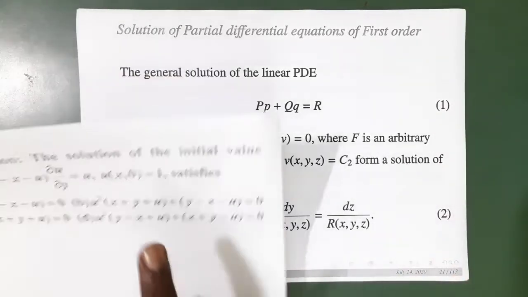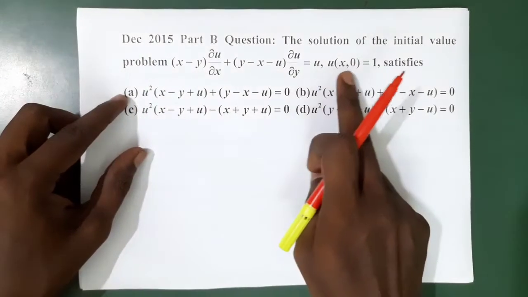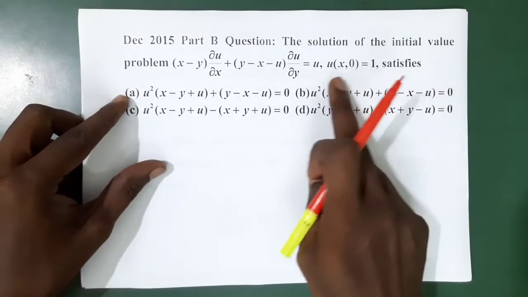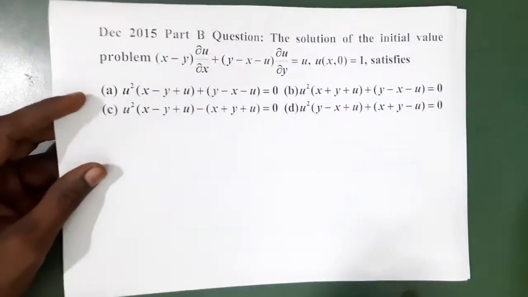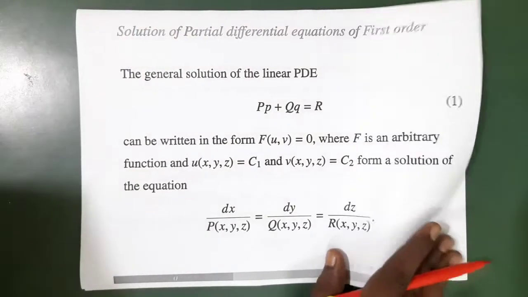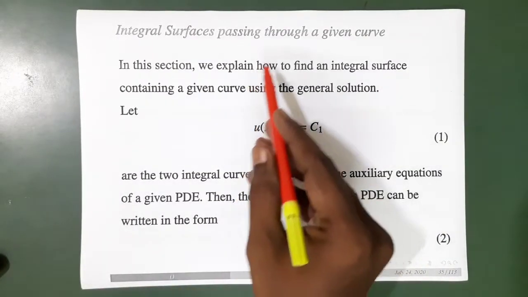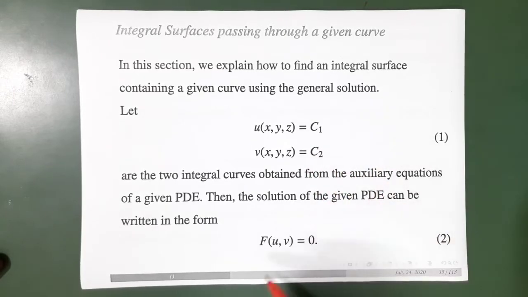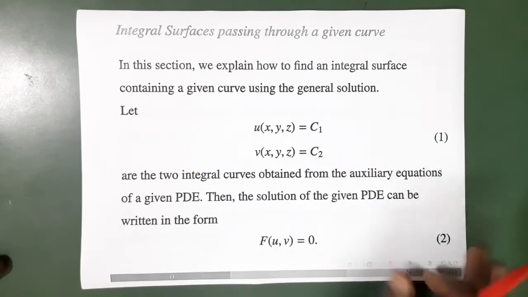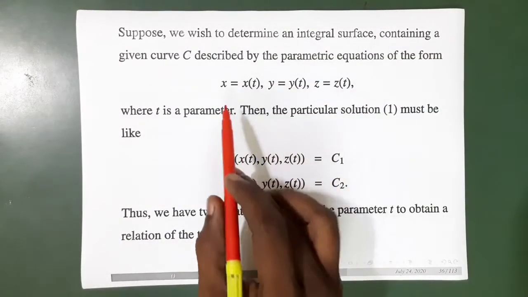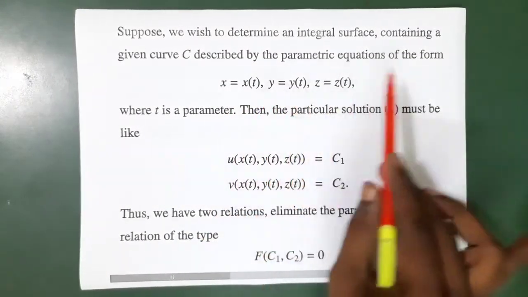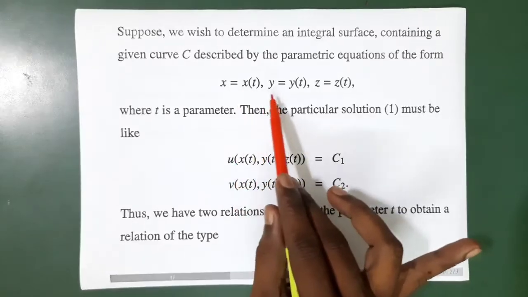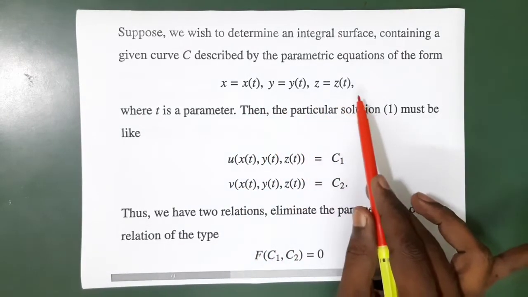Then this condition is given, u of x comma 0. In the first part we discussed the integral curves passing through a given curve. It is the same thing: we get u and v, and the solution is f of u comma v is equal to 0. Next, the parametric form of the curve is given, x is equal to x of t, y is equal to y of t, z is equal to z of t.